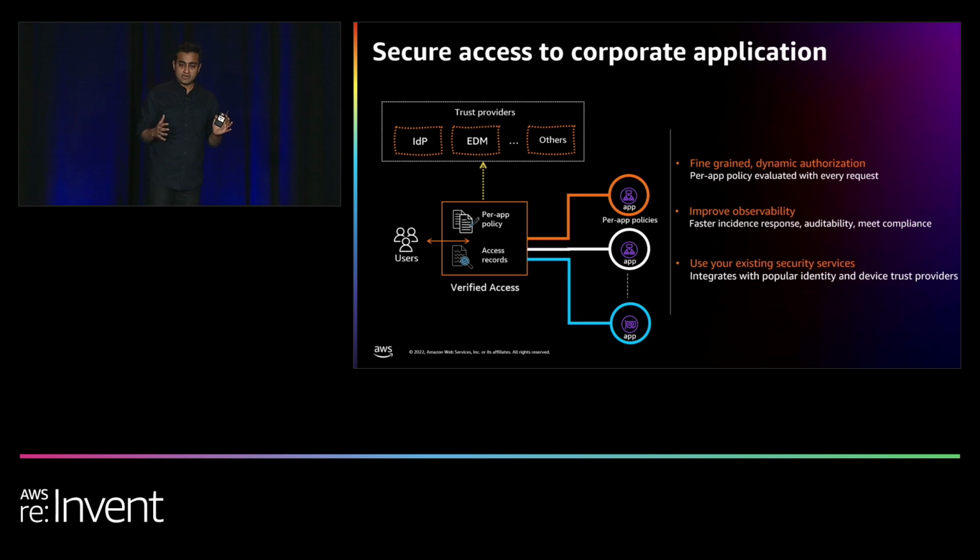And the final thing is that we are building an open ecosystem. We understand that moving to zero trust can be hard. You are already using security systems like your identity provider and your device security provider. We want you to continue with them and just use Verified Access to control your access. So we want to simplify that journey, and we are building an open ecosystem.